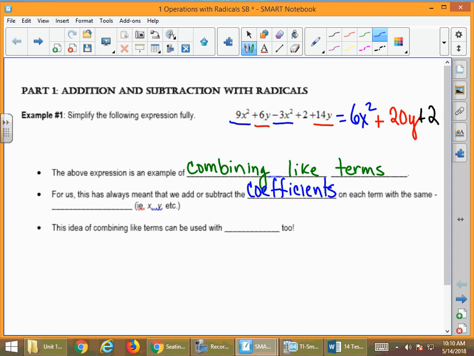So we added or subtracted the coefficients on each term with the same variable. Because after we got the x squareds, then we went to the y's, and then we went to our remaining term. And the thing is, this same idea works when we have radicals in our expression.